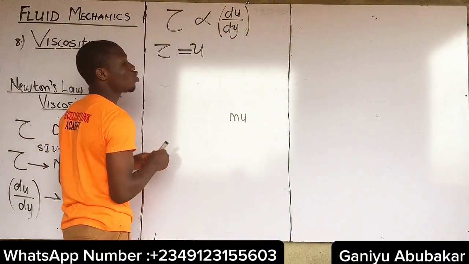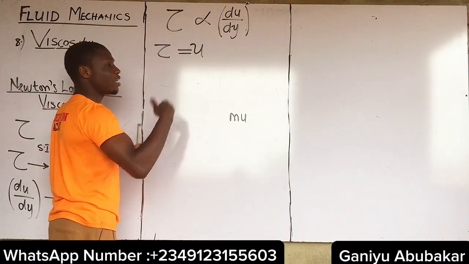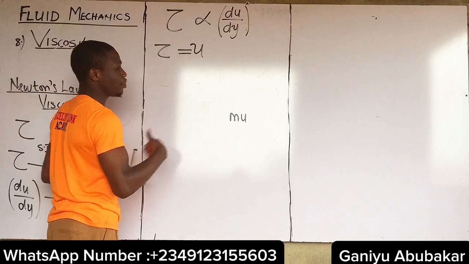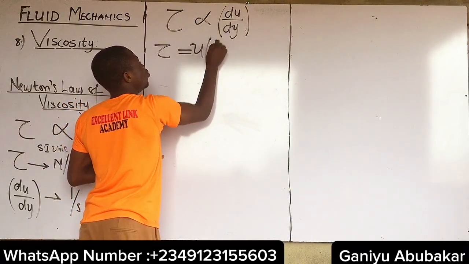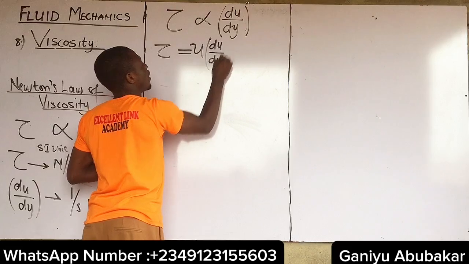So this mu here is called the constant of proportionality, known as dynamic viscosity. Before that, I'm having the u over the y.